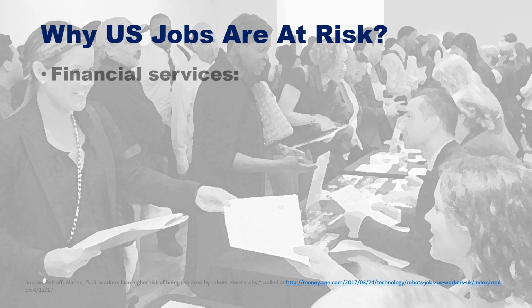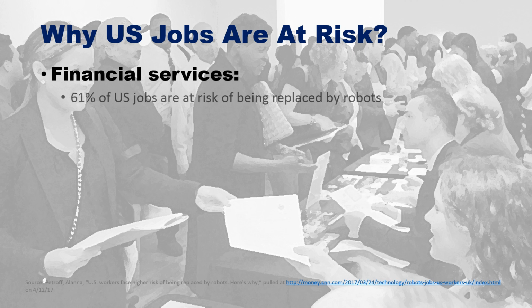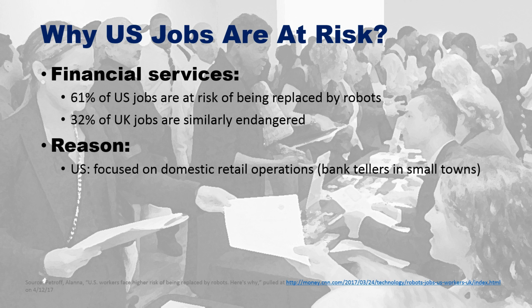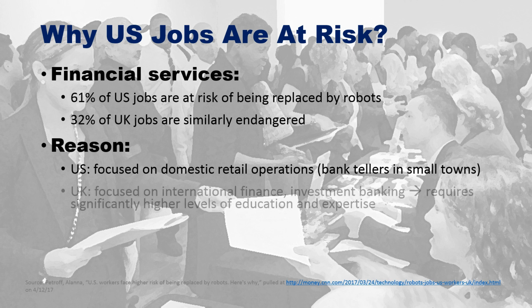Let's use financial services as an example to help understand why this might be the case. 61% of US jobs are at risk of being replaced by robots in the financial services sector, while only about half of that, 32% of UK jobs, are similarly endangered. What's the reason? The US is focused on domestic retail operations. Think bank tellers in small towns.